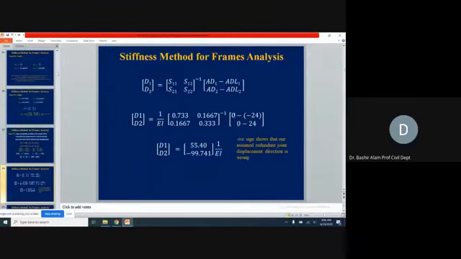0 and 0, if you remember, AD1 and AD2. Now ADL1 was minus 24. So here you see minus 24. ADL2 was plus 24. So you see here plus 24 now. When we solve this, D1, D2 is coming out equal to 55.40 and minus 99.742.